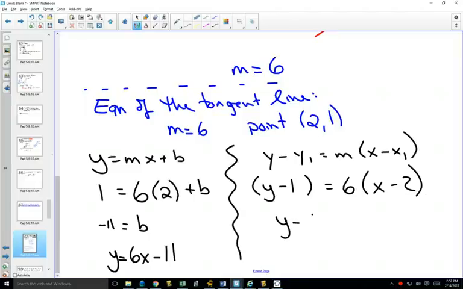And if you multiply this out, add 1 to both sides, you get the same equation. So you just have to say, well, which way do I remember better? Which way have I used more in the past? Have I used y equals mx plus b more, or have I used y minus y1 equals m times x minus x1? And then you can choose whichever one you prefer.